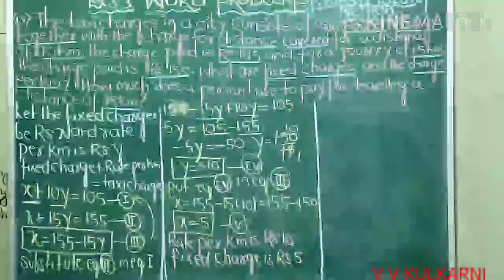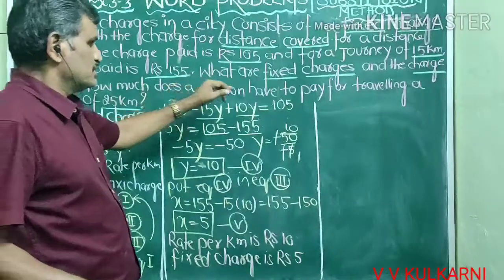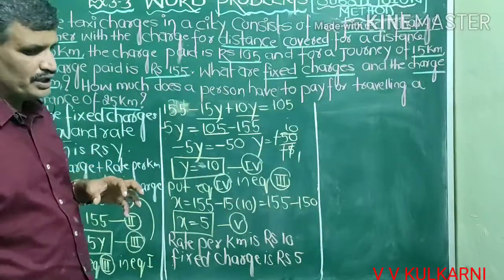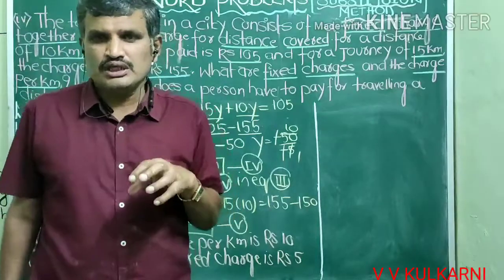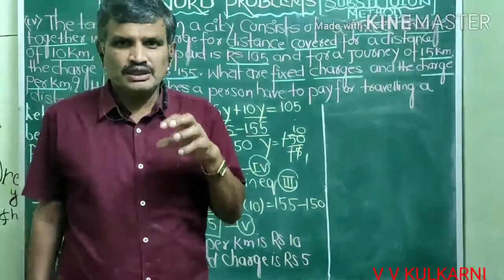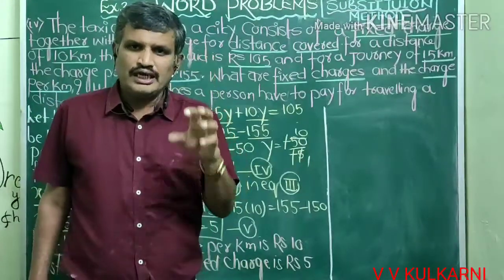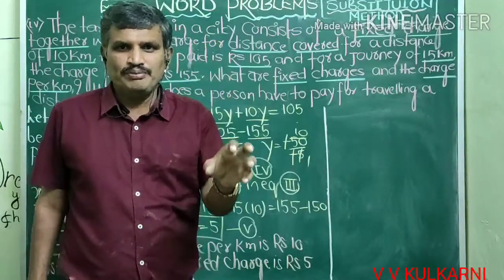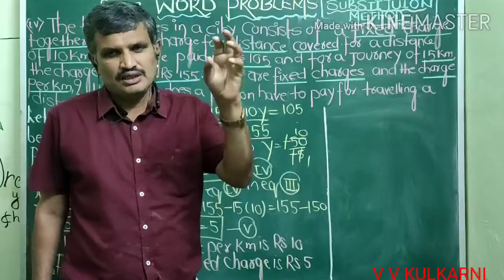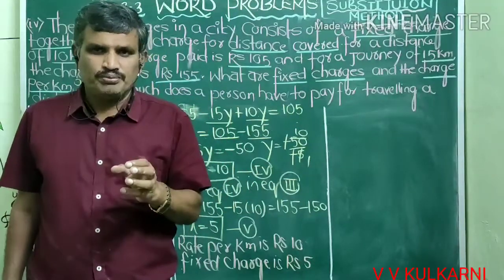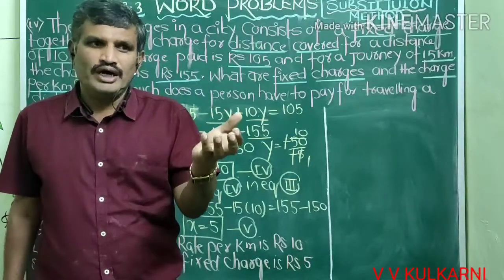The second part of the question says, how much does a person have to pay for traveling a distance of 25 kilometers? Again here, one thing you must understand is, if a person has to travel a distance of 25 kilometers, the taxi fare says you have to pay the fixed charge plus rate per kilometer. That means you have to pay x rupees plus 25 into y.